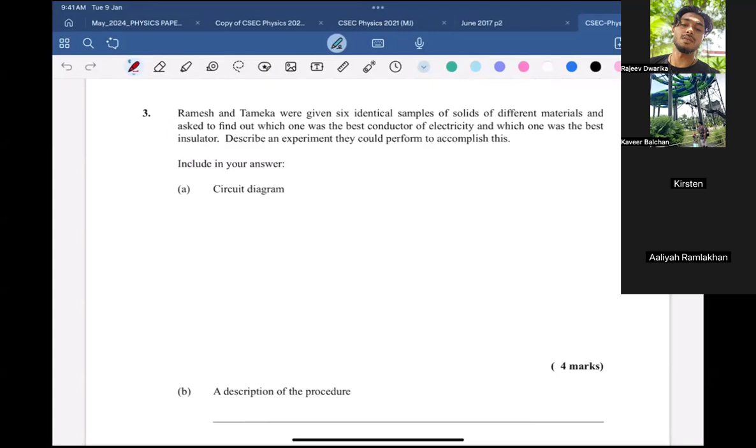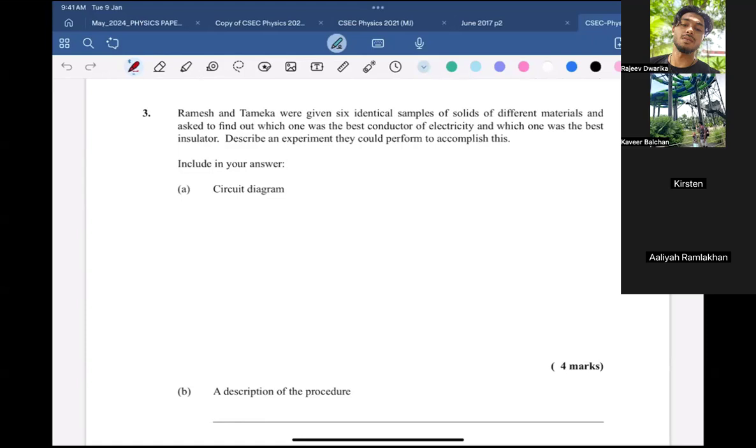So, does anybody have any ideas on how to do question three? Aliyah, does this ring a bell from the last class? Do you see any connections with the question from 2024?